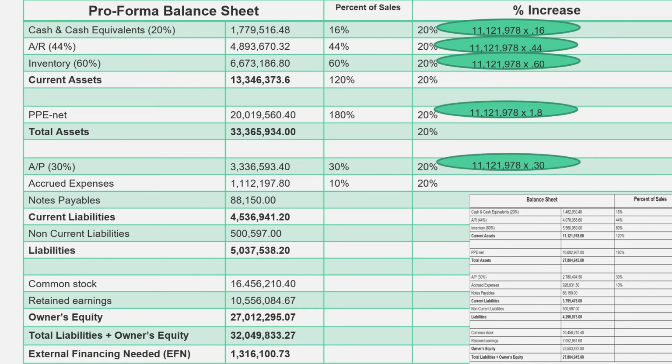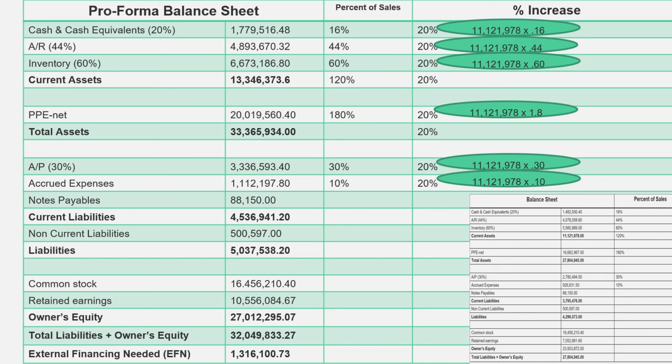We follow the same process for all assets, up to total assets, and for all spontaneously generated funds, that is, up to accounts payable and accrued expenses. So that's how we got this amount. And then for notes payable to owner's equity, we'll just transfer the same amount, or the amount will be retained.